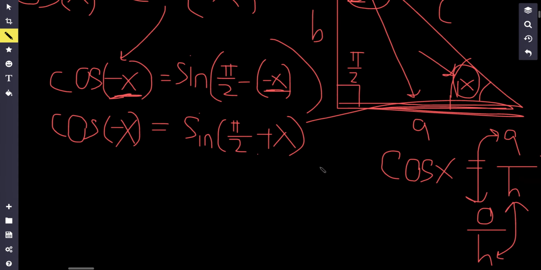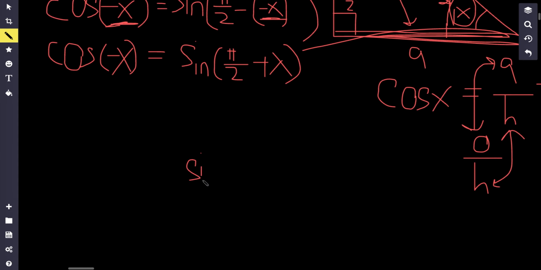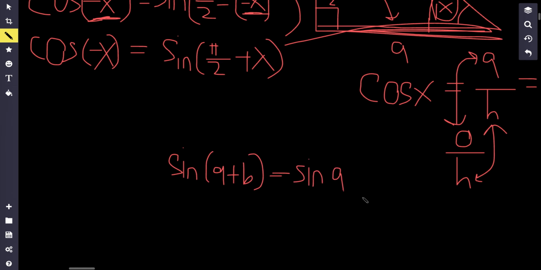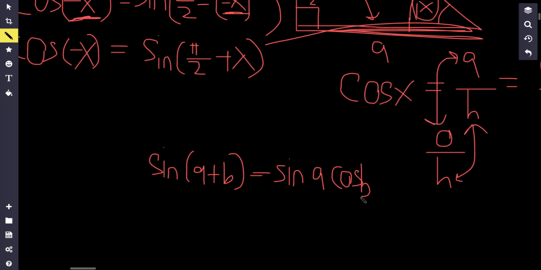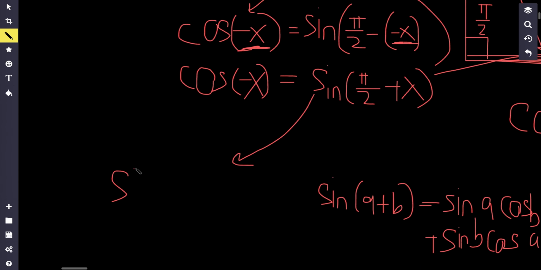Now this formula I'm not going to prove because it's a long proof. But basically, if you have sine of a plus b, this is equal to sine of a times cosine of b plus sine of b times cosine of a. So you do a kind of swap.